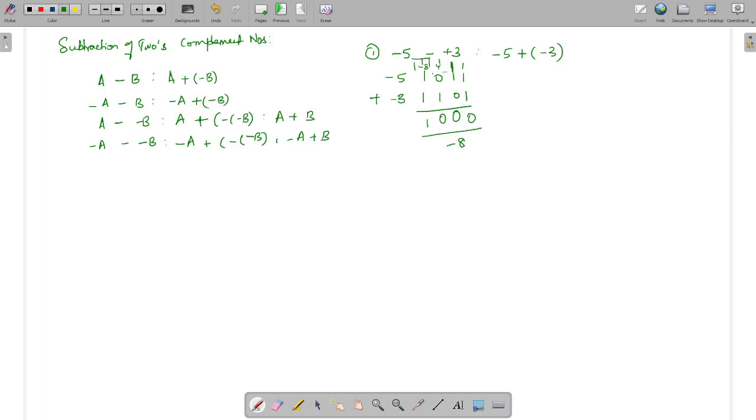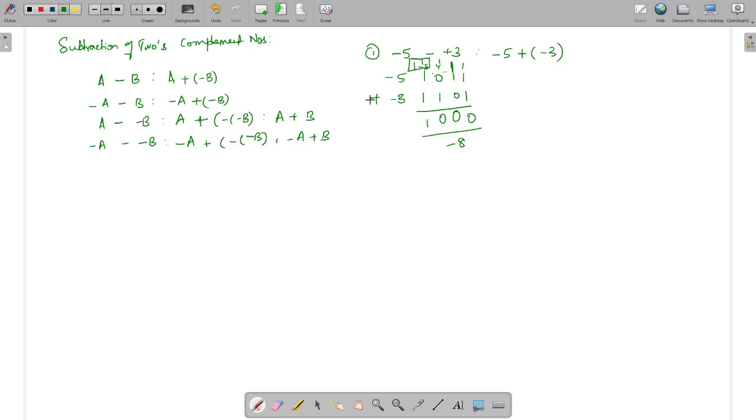So the answer is right, because we apply the same rule here. There is no change in the rule. The only thing you have to keep in mind for subtracting numbers is to take the complement of the subtrahend and then add it with the minuend. So basically you do addition by complementing the second number and adding it with the first number.